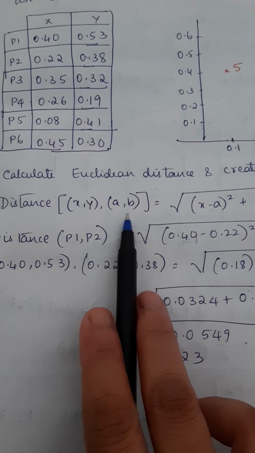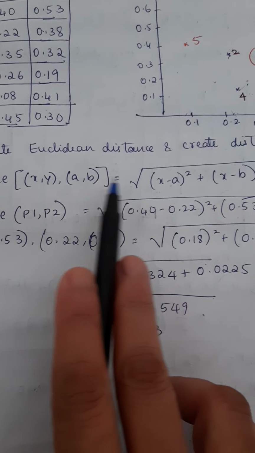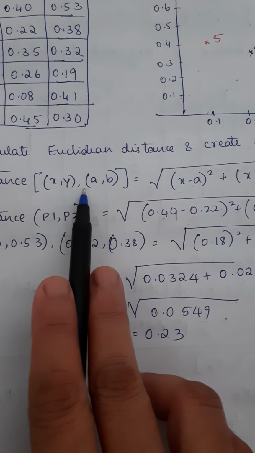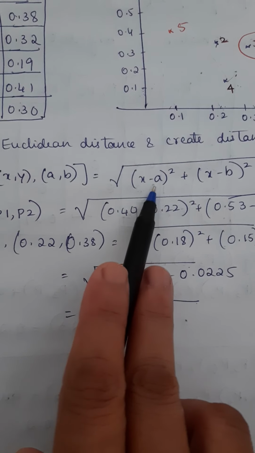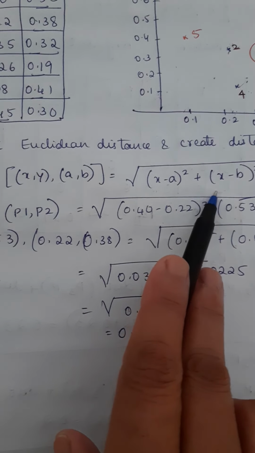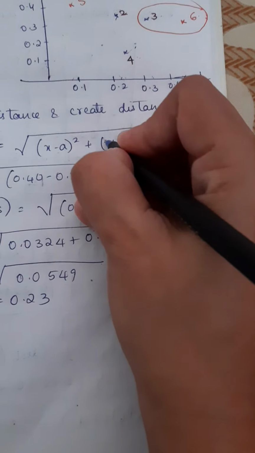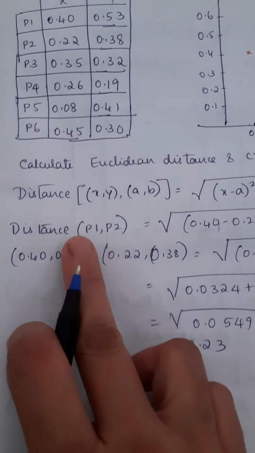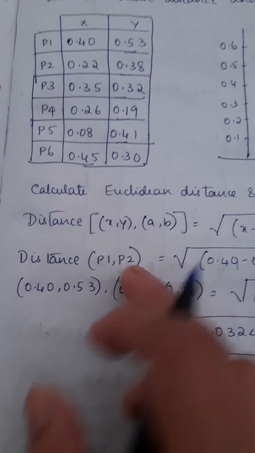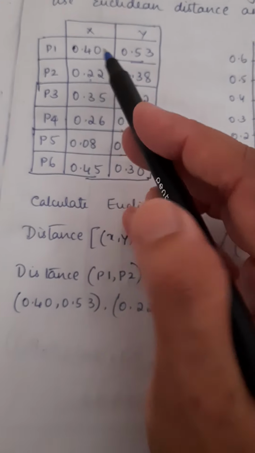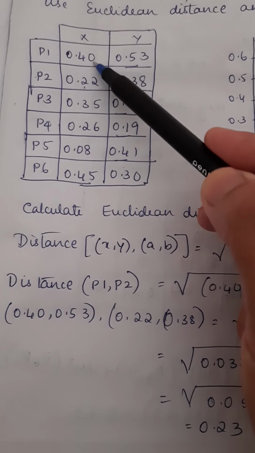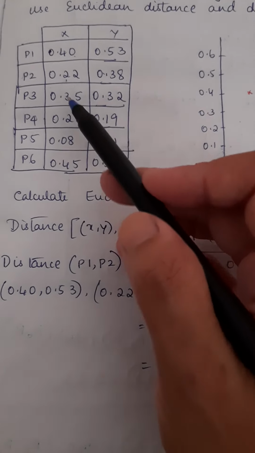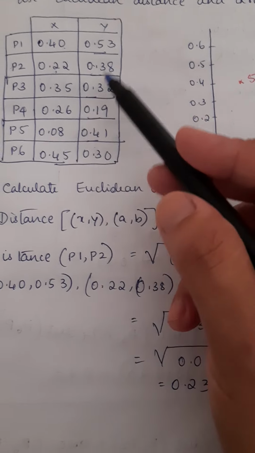So we apply the Euclidean distance. If I have 2 points x, y and a, b, it is the square root of x minus a whole squared plus y minus b whole squared. This is the formula. If I take the distance between P1 and P2, this is my x value, that is 0.40, and this is my a value.